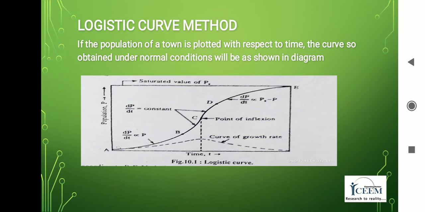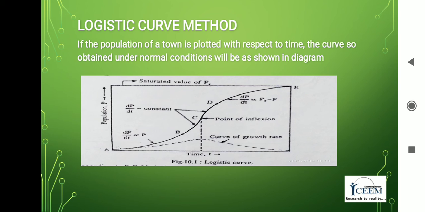This transitional curve BD also passes through the point of inflection, that is C. Later on, the growth from D to E follows a decreasing rate, that is dp by dt is directly proportional to ps minus p, where p is the population of the town at point T from the origin A, and ps is the saturation value of the population.